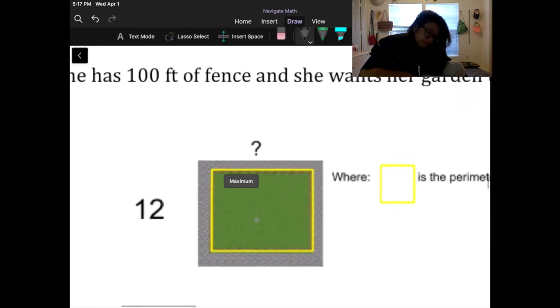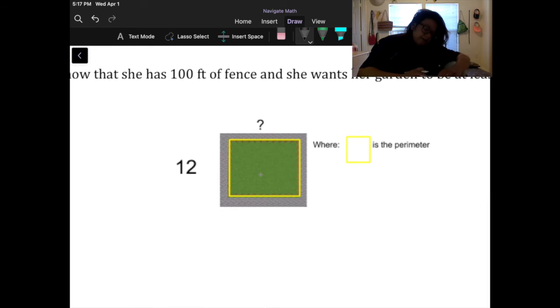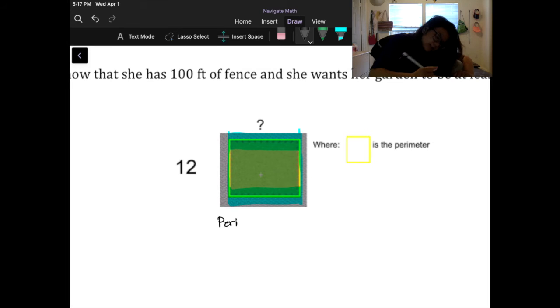Here's a picture. The fence is the yellow box. The total perimeter, the total around this entire field, has to be 100. So perimeter equals 100.